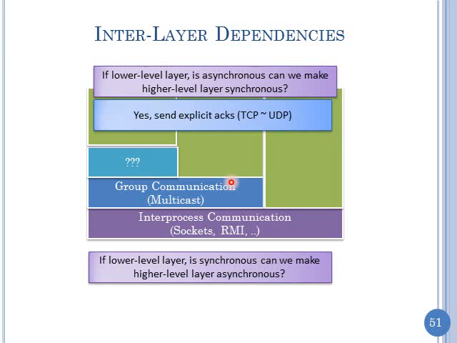Now we're talking of coordination among threads in different processes, and when that happens, the synchronized methods don't help us. So what I would like to understand is how this lower level layer manages its synchronization.